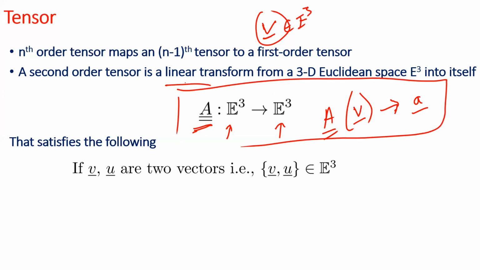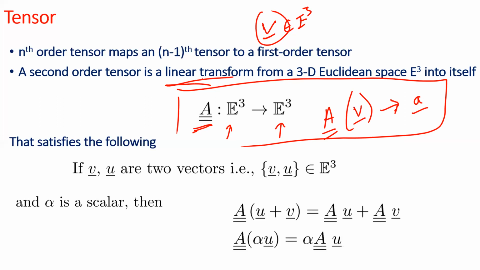Now let us look at what this linear transform indicates. If there are any two general vectors u and v belonging to the Euclidean space and a particular scalar alpha, then if f of u plus v is f of u plus f of v, and the function of the scalar times the argument is the same as the scalar multiple of the original function, then such a transform is a linear transform.